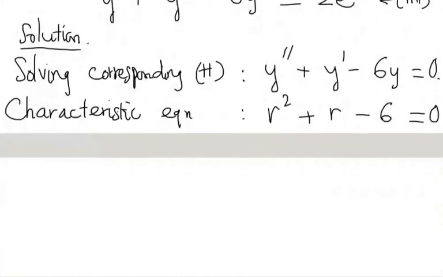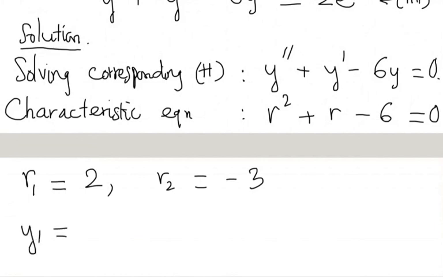You may use the quadratic formula, you may factor, and here are the two values. One is 2 and the other is negative 3. So we have the case of two different real roots.